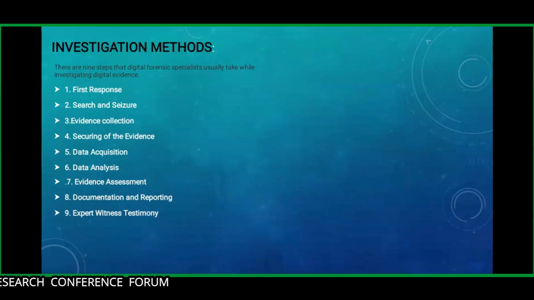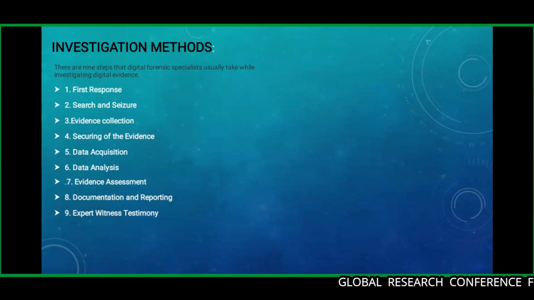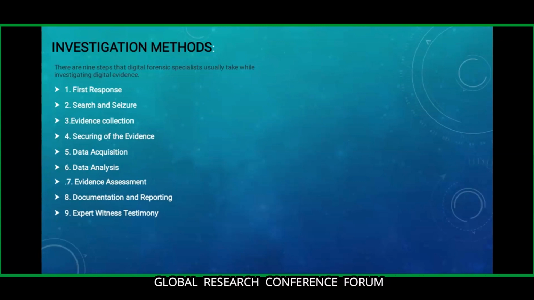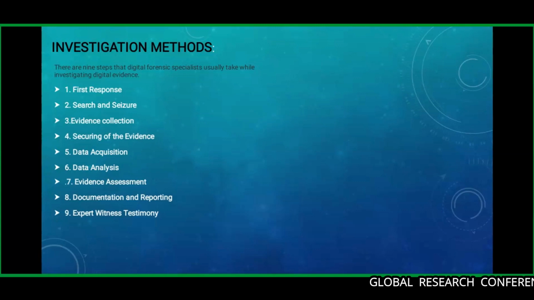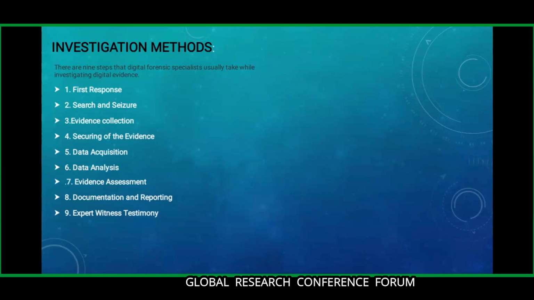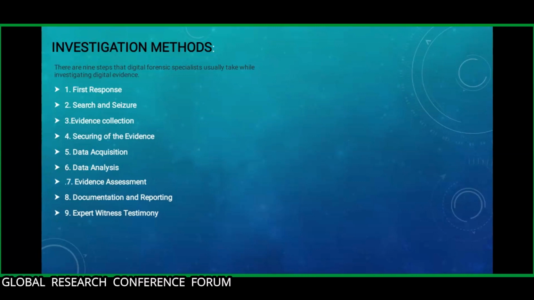This phase is about relating the data gathered directly to the case. Documentation and reporting. This phase happens once the initial criminal investigation is done. Team members report and document data and evidence in accordance with the court of law. Expert witness testimony. The expert witness affirms that the data is useful as evidence and presents it in court.